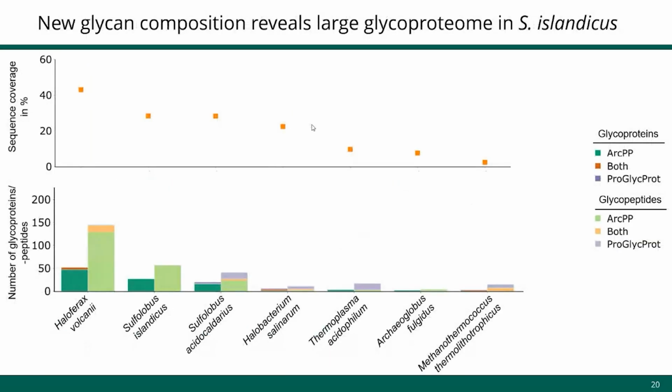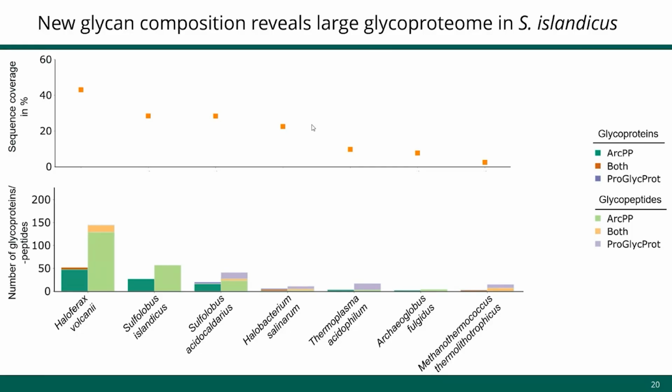We'll see. And then we also followed up on those results to now use this new glycan composition that we have identified from the open modification search to go back to a closed search using that glycan composition. And we do see a lot of glycopeptides and glycoproteins identified through this approach.